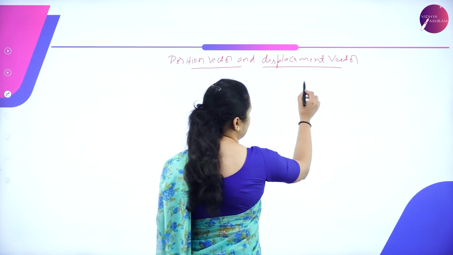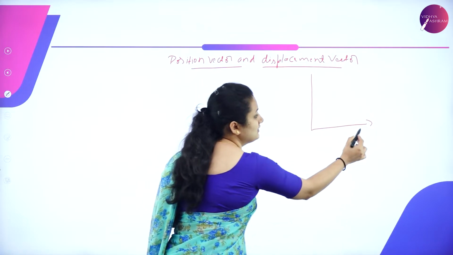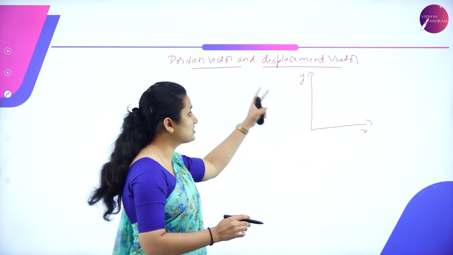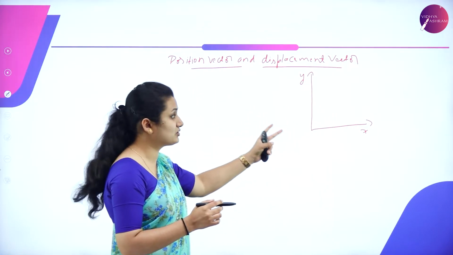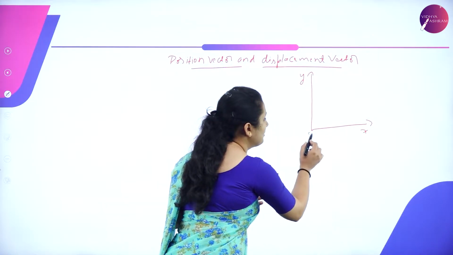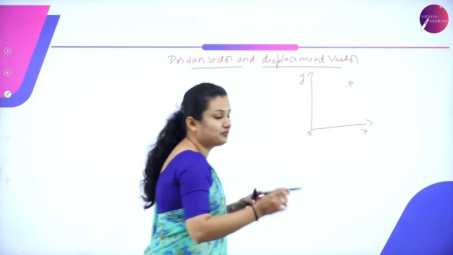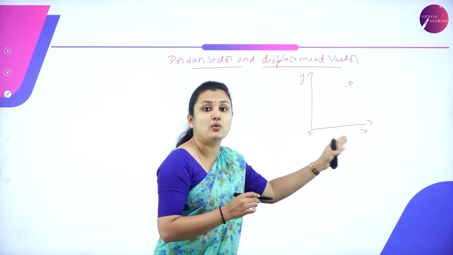What does that mean? If I consider two axes, this is my x-axis and this is my y-axis. So I am trying to analyze the position of the object or particle which has moved from origin to some point, say P, in the plane. What is a plane?